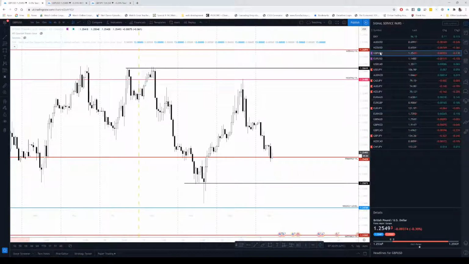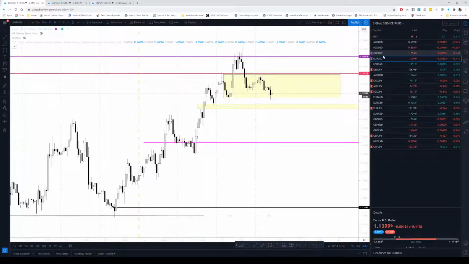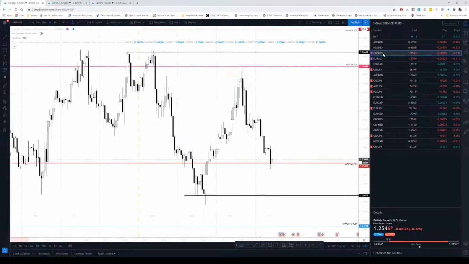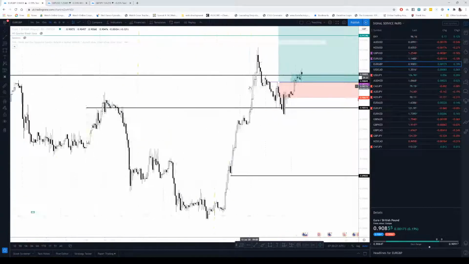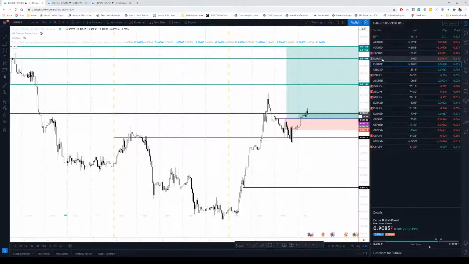So between these two, which one will I trade? Between this and that, which one will I trade? Personally, because of what euro pound is doing, because of this, I will take euro.